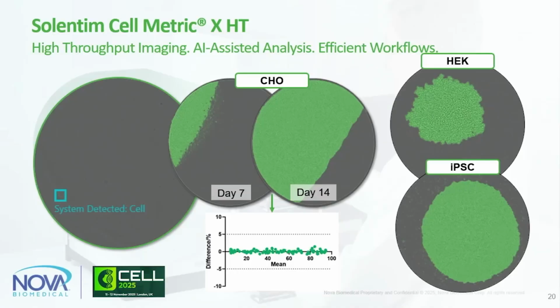And then it will quantify the colony growth and give you a percentage confluence. And it does that up to 14 days. So again, this is to increase that data accuracy, reduce any human error and variability. And it's been trained and validated on diverse cell lines and morphologies.